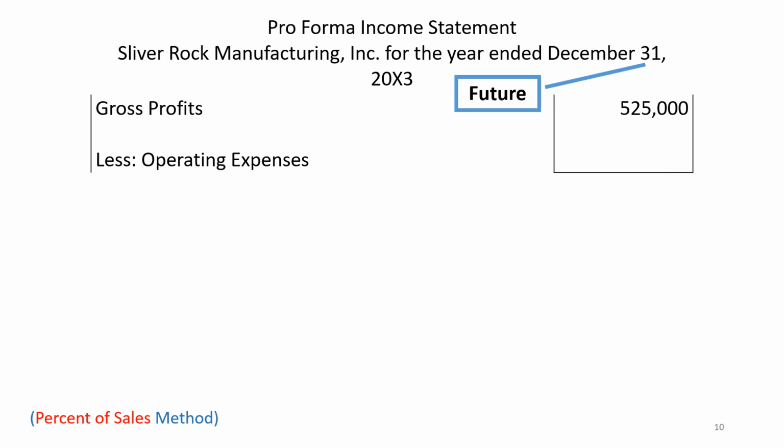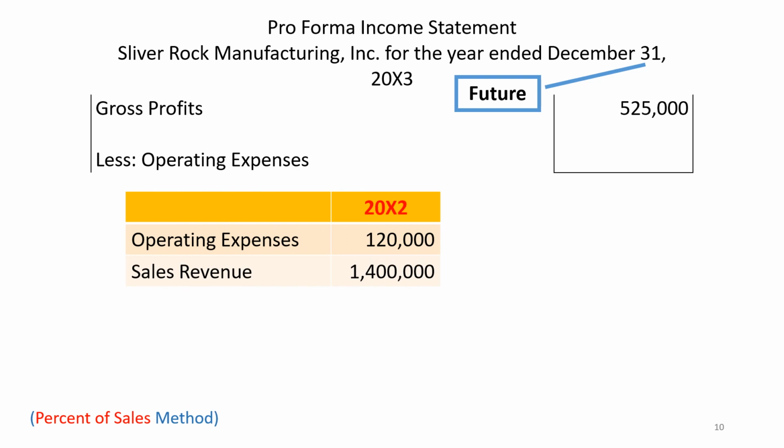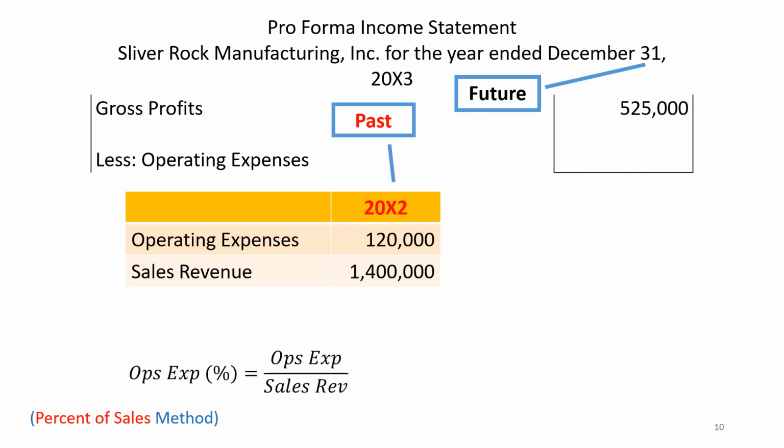Let us find the value for operating expenses. Refer to the table. You can see operating expenses and sales revenue for the year 20X2. Let's find operating expense percent, equal to operating expense divided by sales revenue. We'll be using the figures from 20X2. The answer is 8.6%.